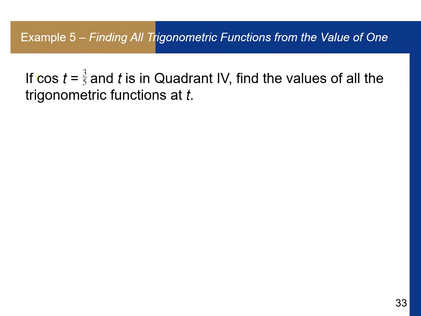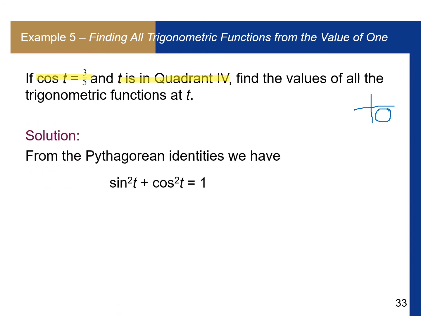If cotangent of 3 over 5 and t is in quadrant 4, now again, let's think about quadrant 4, what that looks like. Quadrant 4 is here, where cosine is the x value. So we're going to take a look at the Pythagorean identity, and we're going to plug our cosine value in.